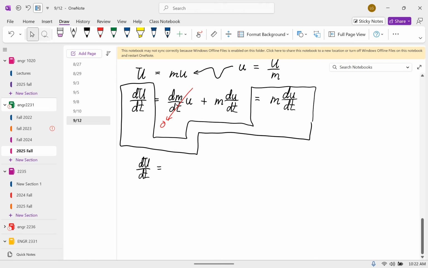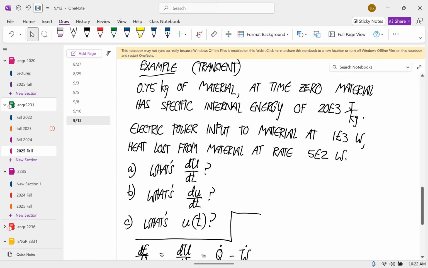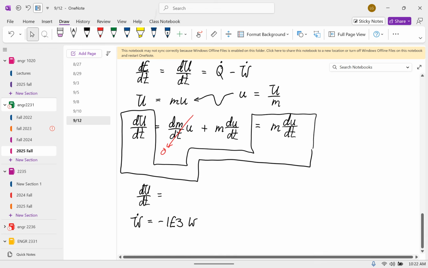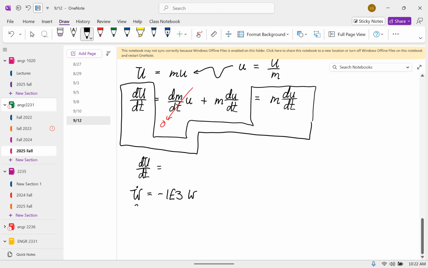So W dot is negative 1 times 10 to the third watts. And heat is lost from the material. So is Q dot positive or negative? Yep. So Q dot is negative 5 times 10 to the second watts.